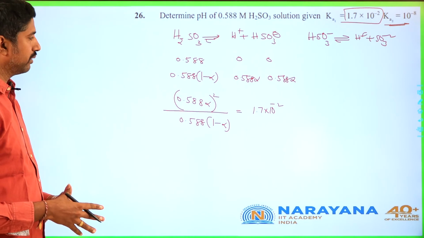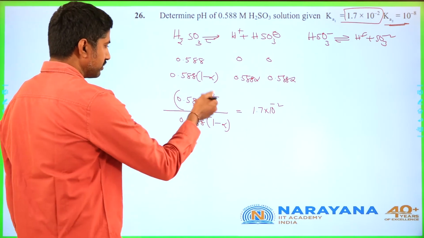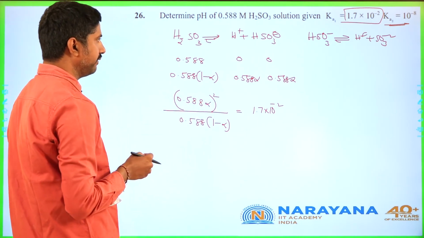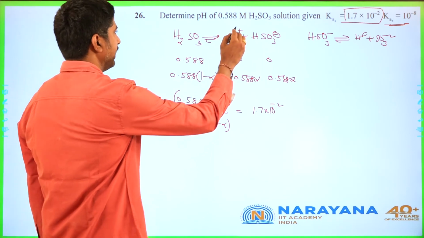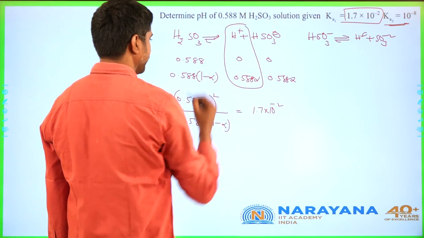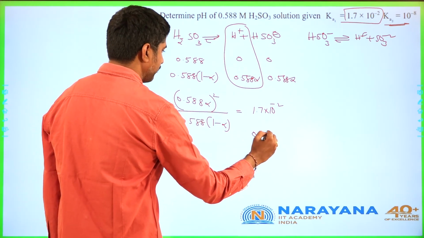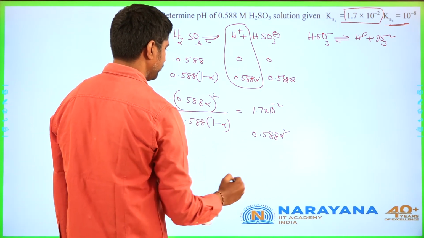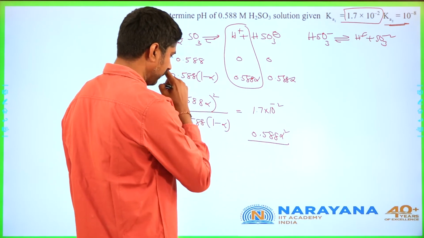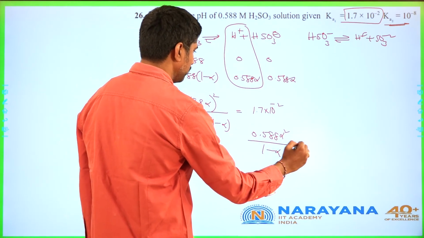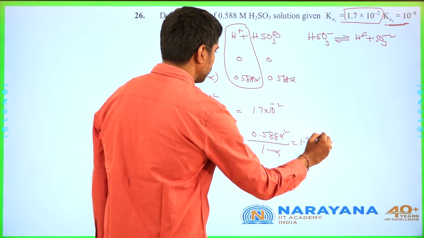On solving that, identify what H plus value we are getting. We can write directly C alpha square by 1 minus alpha is equal to 1.7 into 10 power minus 2.